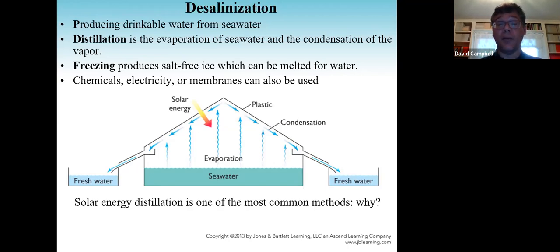Not where it's raining all the time. Instead, if you really need water, that probably means that the weather is usually dry and sunny, which means you probably have plenty of sun if you're needing the water.